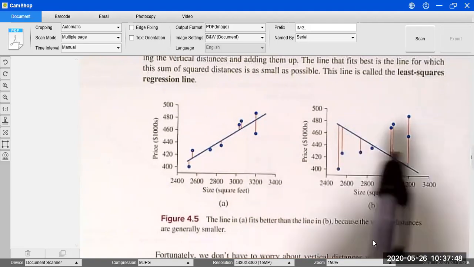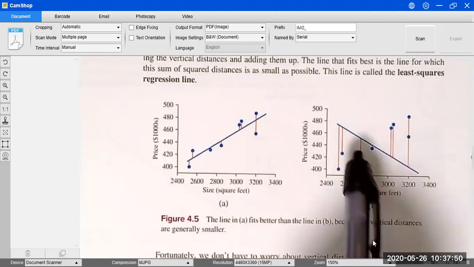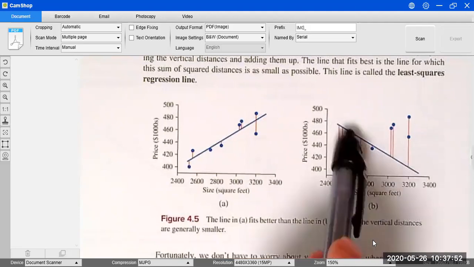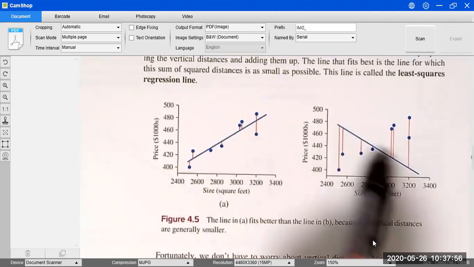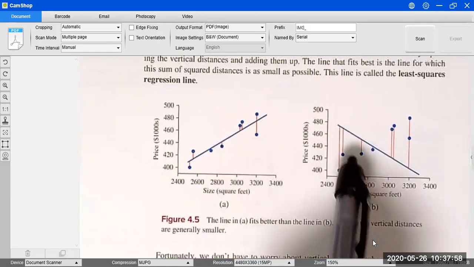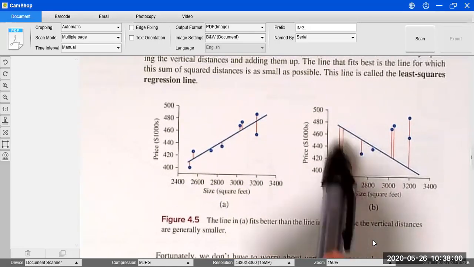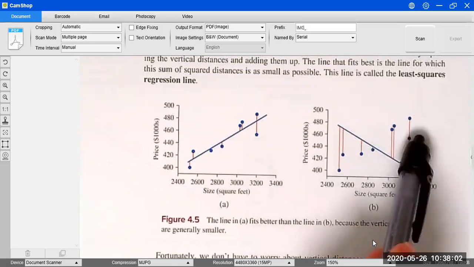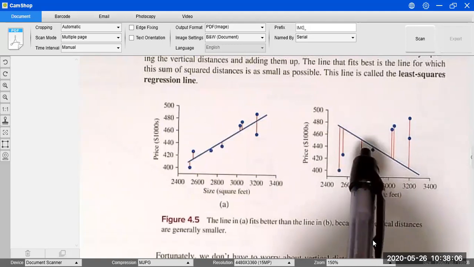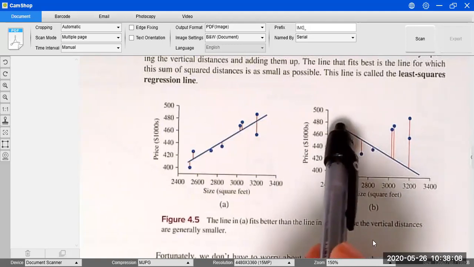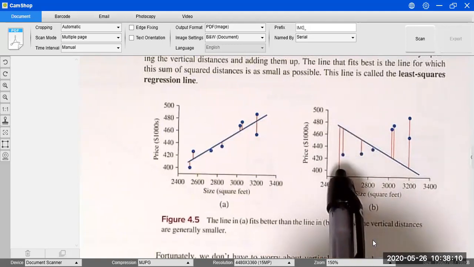You're going to see that this line is not describing this point, because the predicted y's, the ones that are on the line, are very far away from the observed values of y. So these vertical distances are the differences between the predicted value you get from the line and the actual value that was observed.